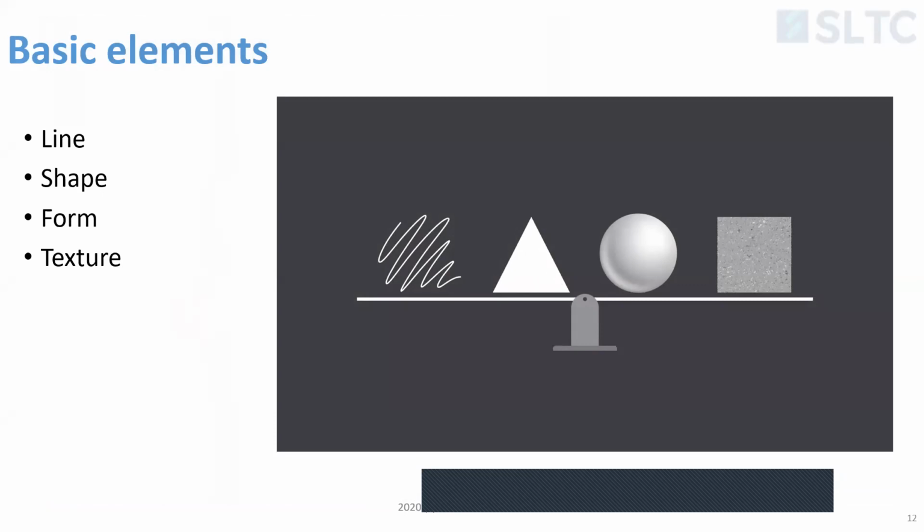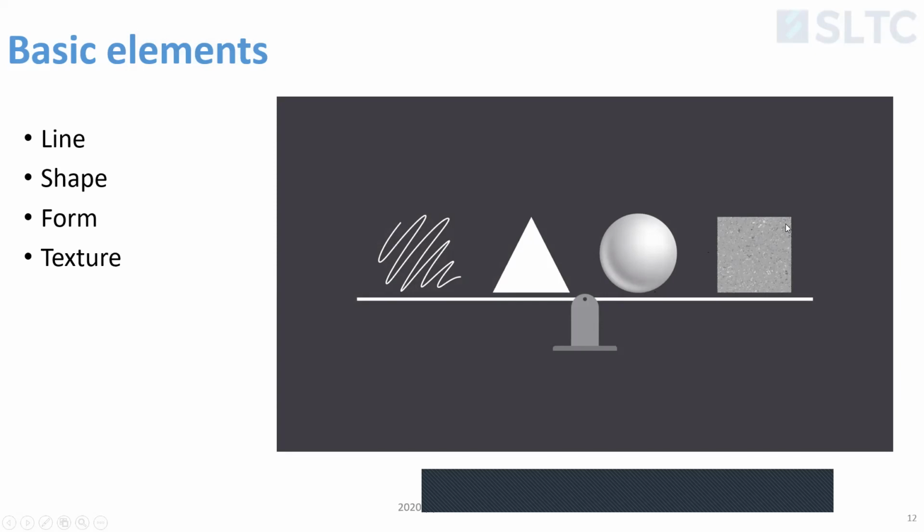Now, the diagram shows the fact that, okay, here is a line, here is a shape, a triangle is a shape. And then a form, okay, it looks like a circle, but if you notice carefully, there are some reflective lights and also some shadows here. So it looks like a sphere, isn't it? A ball, maybe. So that's called a form.